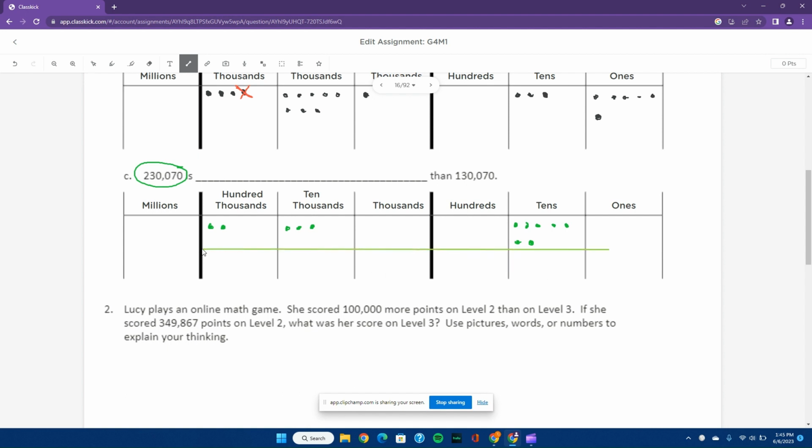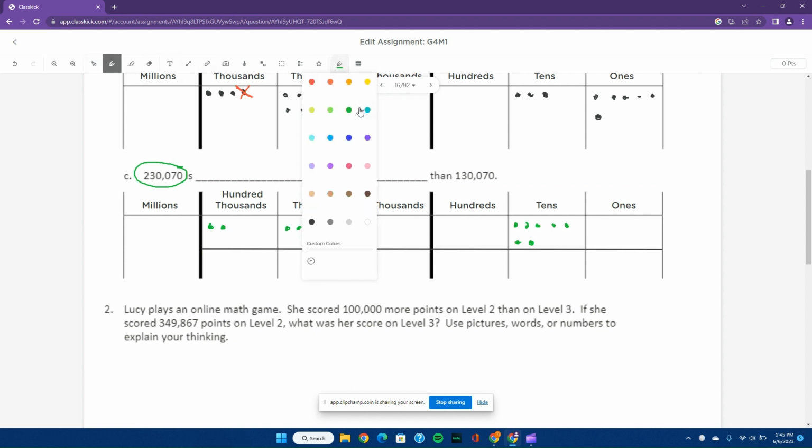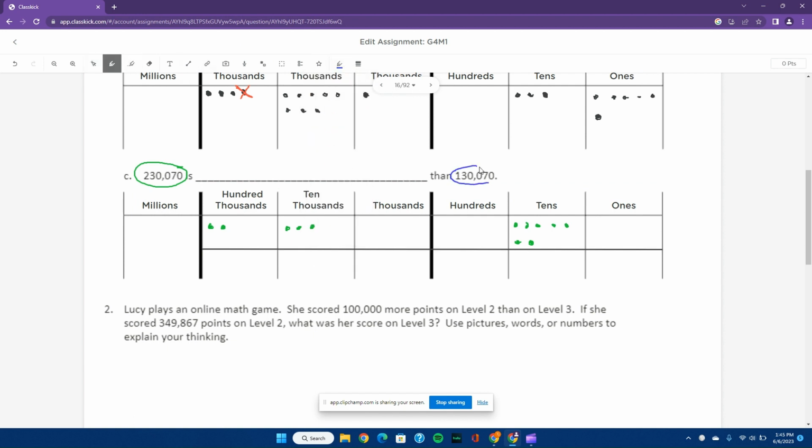All right. Now let's take a look at what the other number would be, and we'll compare the difference between the two. And I'll use blue for this number. So here I have 1 in my hundred thousands, 3 in my 10,000s, no thousands, no hundreds, 7 tens, and no ones. The big difference is right here in my hundred thousands.